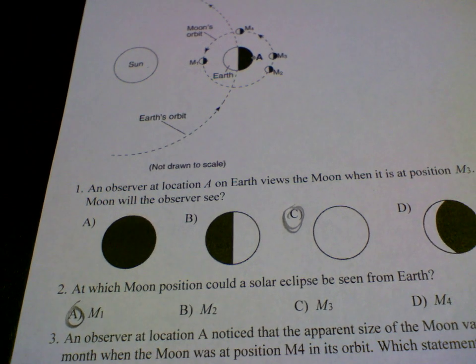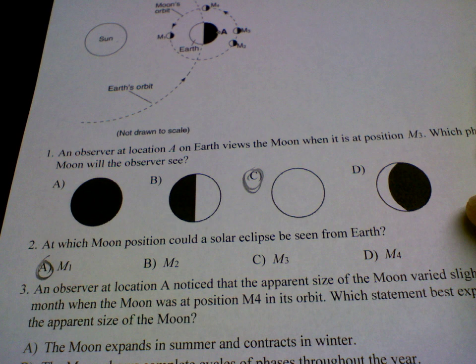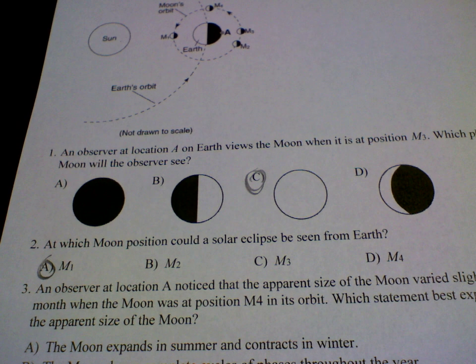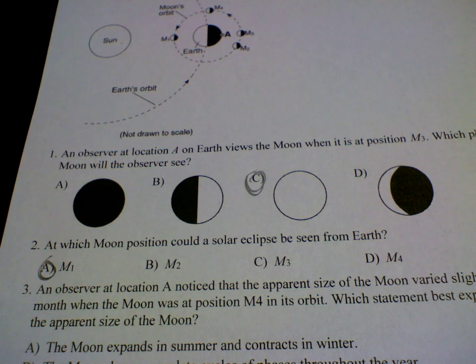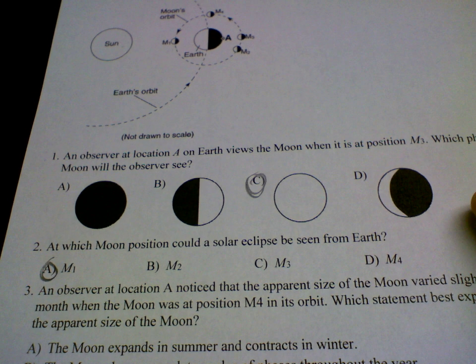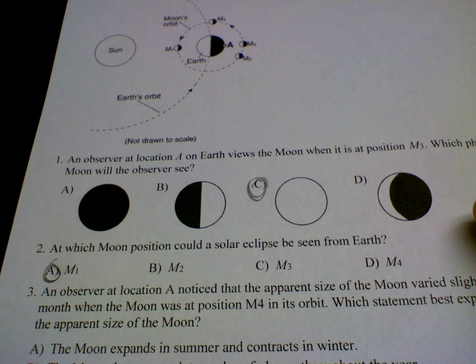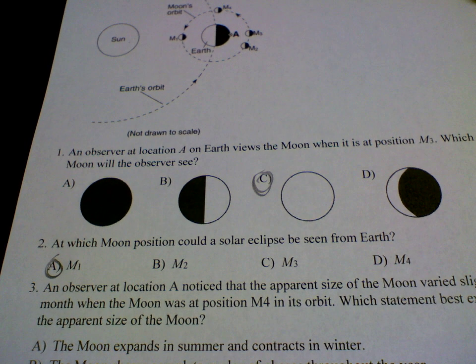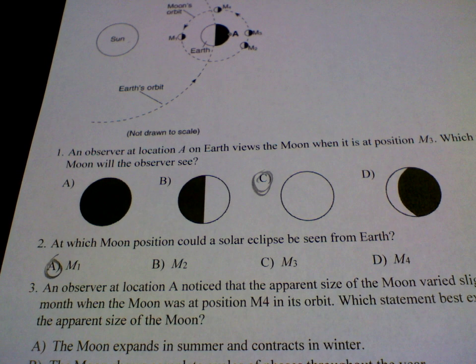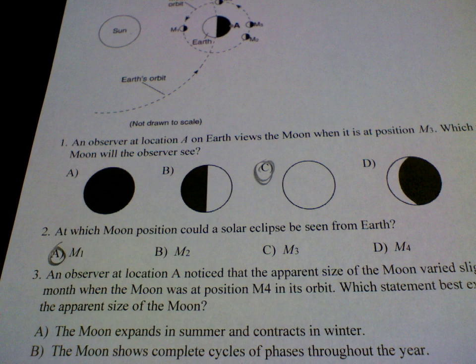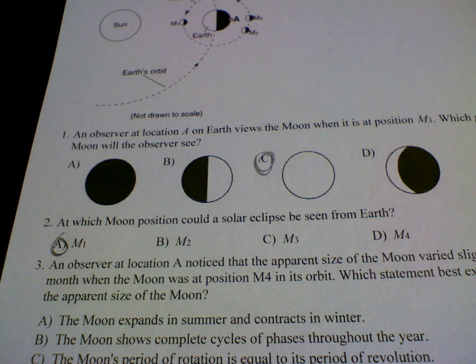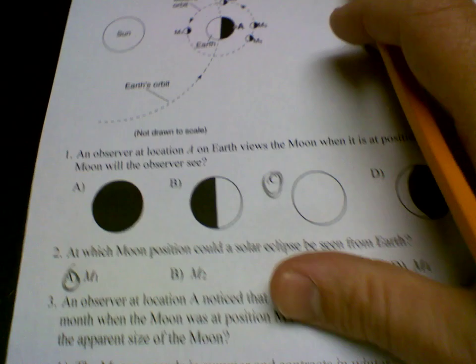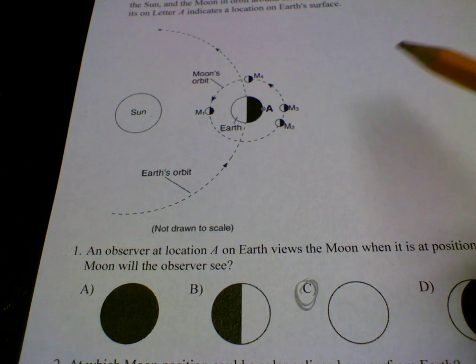Number 3. An observer at location A noticed that the apparent size of the moon varied slightly from month to month when the moon was at position M4 in its orbit. What statement best explains this variation in the apparent size of the moon? Really, just take a look at the choices. And what you should know is, remember we talked about apogee and perigee.